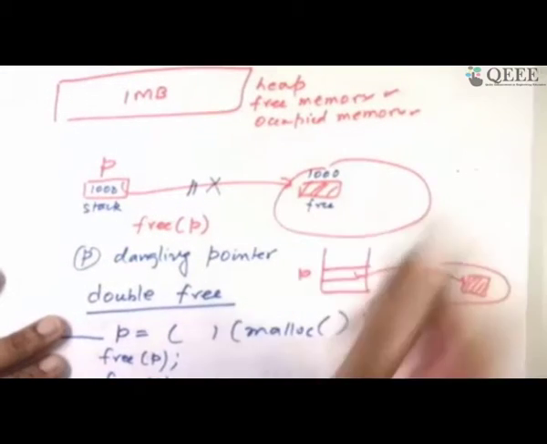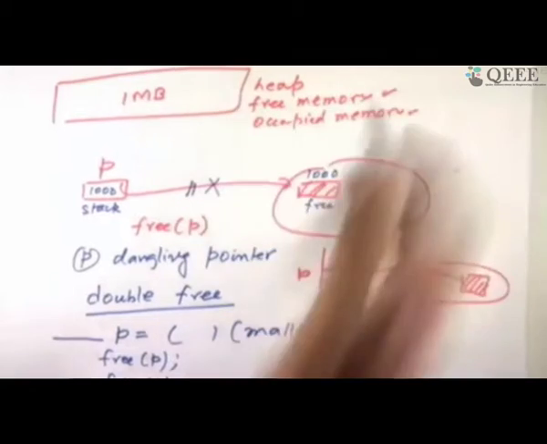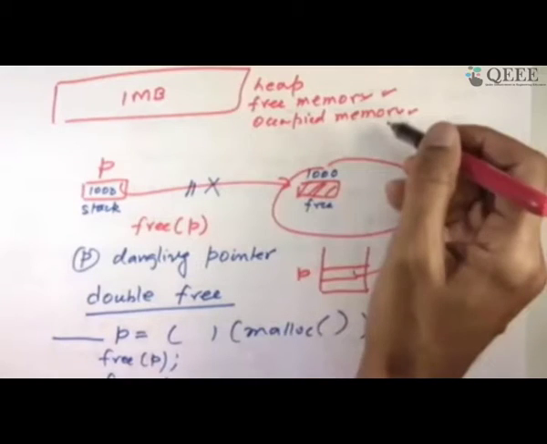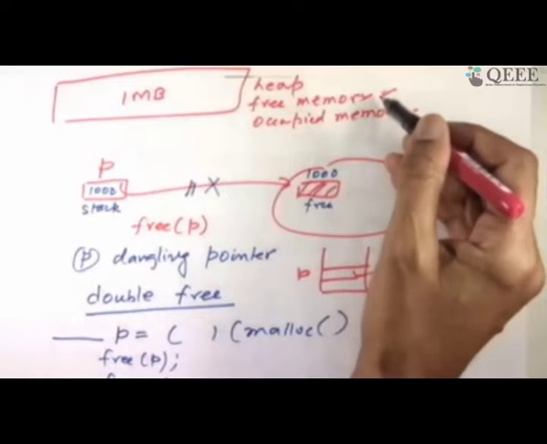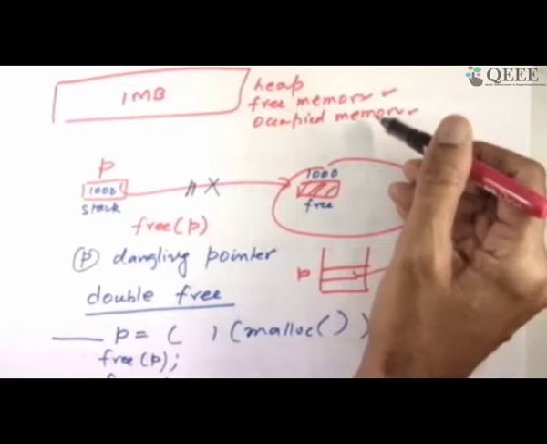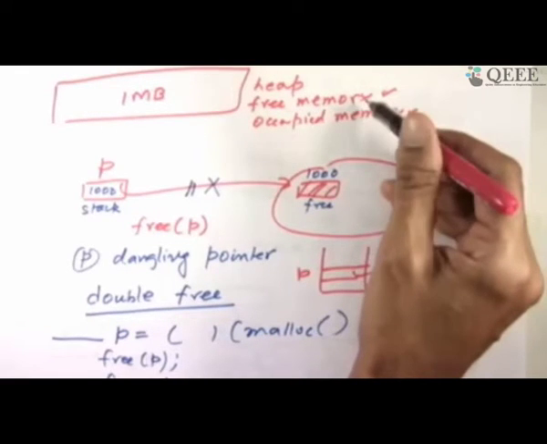So once you do a free, his free memory collection increases. He gets more in the free memory. And from this free memory, he allocates memory when we ask for malloc. For malloc, he will give out from the free memory and it will become occupied as a result of malloc. And when you free something, it goes to the free memory.